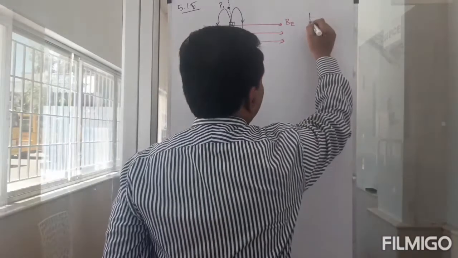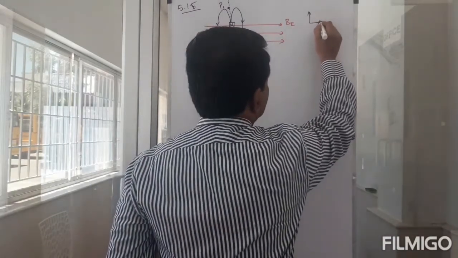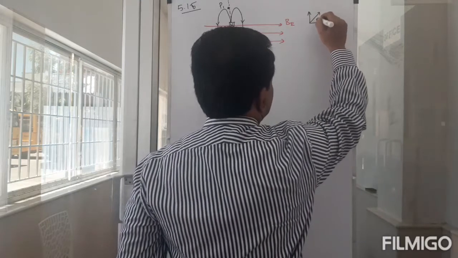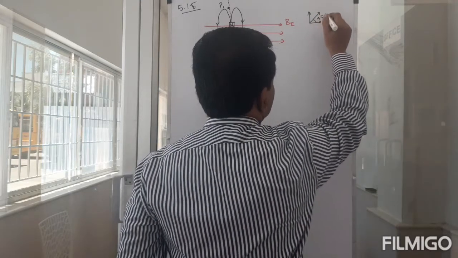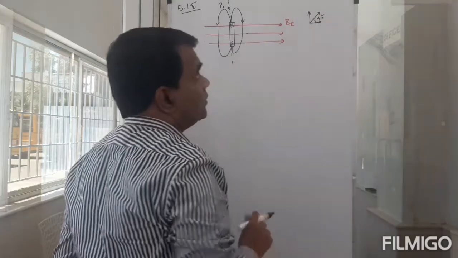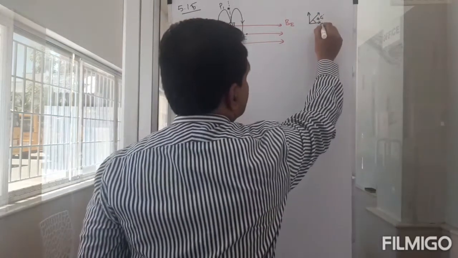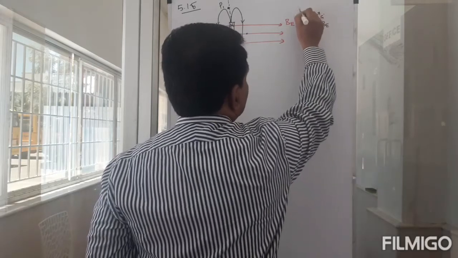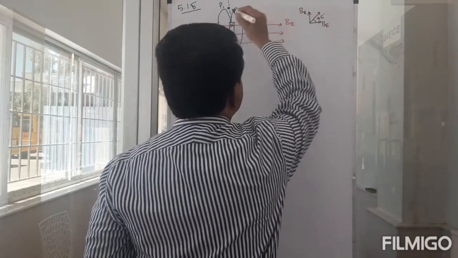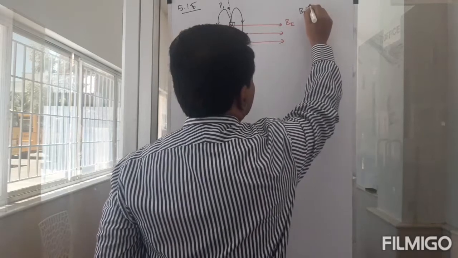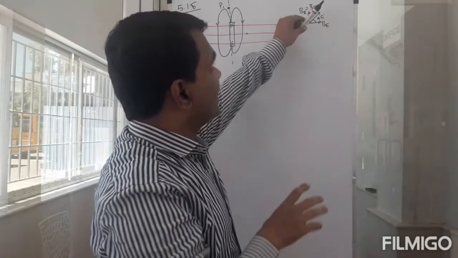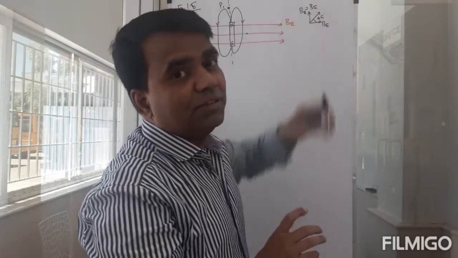Because only when you have equal vectors will you have the resultant at 45 degrees. So if this is the Earth's magnetic field, then at that point B due to this bar magnet must be equal to B. Only then the resultant of these two would be at an angle of 45 degrees to B.